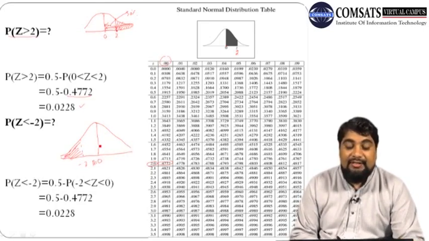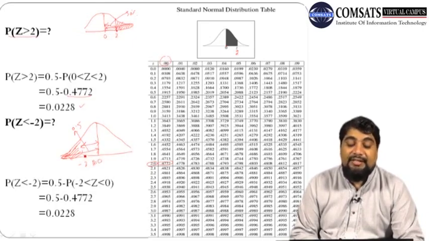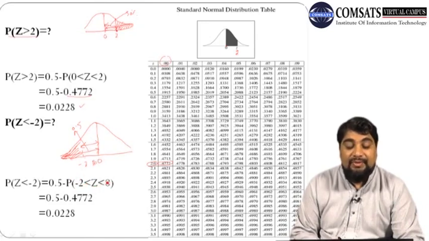We know that the full area to the left of the mean is 50% or 0.5. From this we can subtract the area between -2 and 0 to get this shaded area. So 0.5 minus the probability that -2 is less than z less than 0.